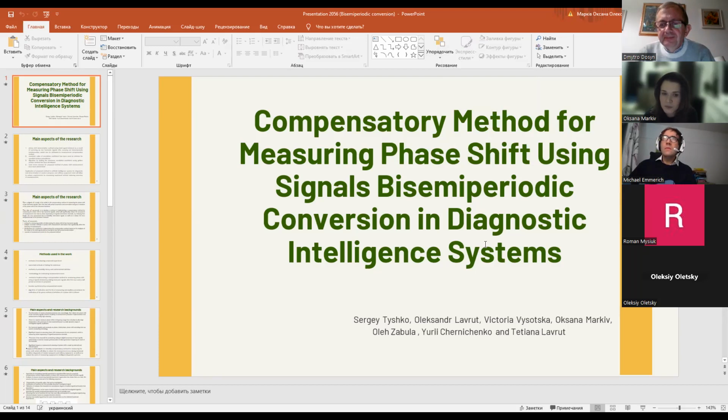And when speaking about Asia and those people who studied this question before us, using B-semi-periodic conversion is more used in the literature. Yes, not time signal, but B-semi-periodic. But I understand the question.